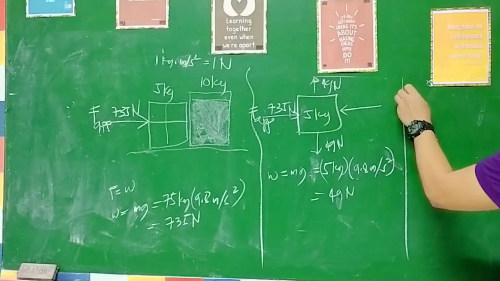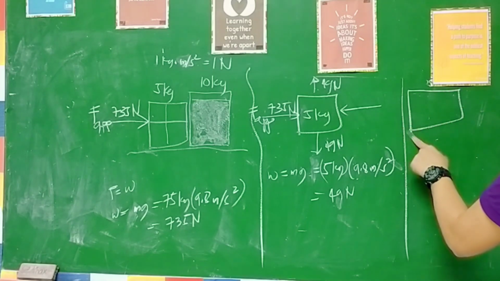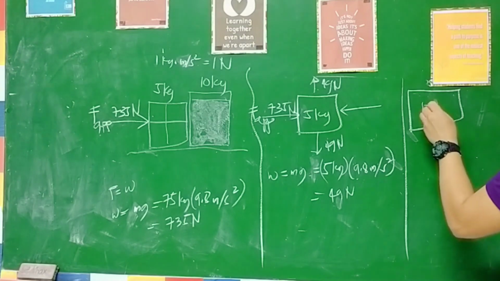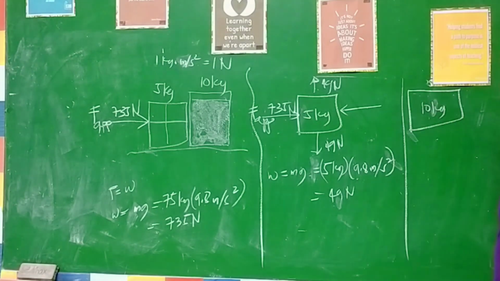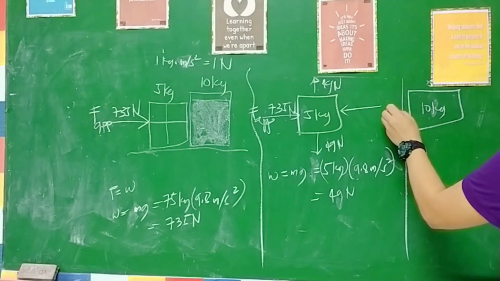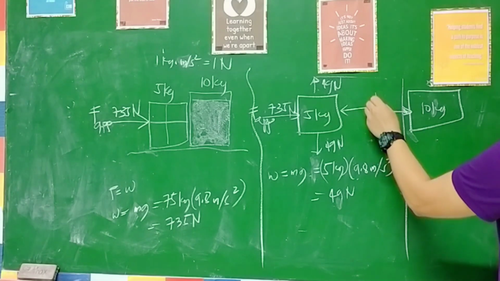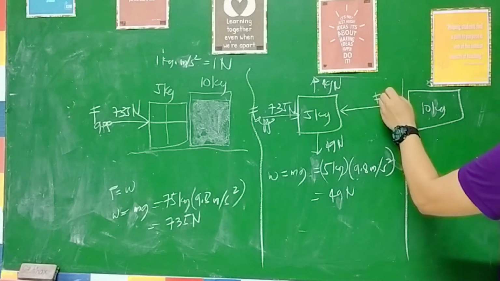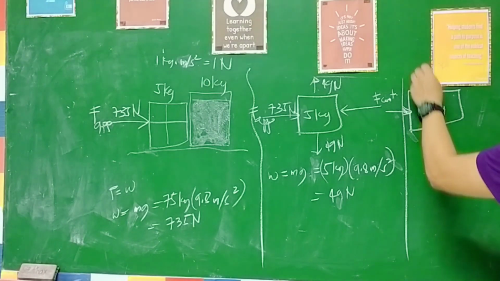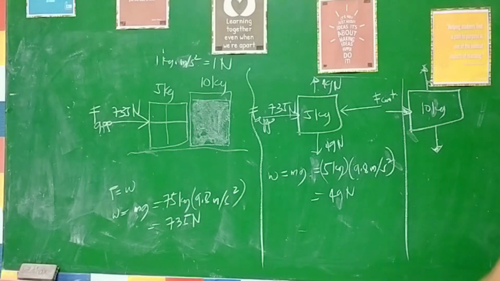For box number 2, let us have our system analysis for box number 2. Let us assume that this is our box number 2. This is 10 kilograms. And again, the contact force is going up here. This is the contact force and contact. And this is our normal force.